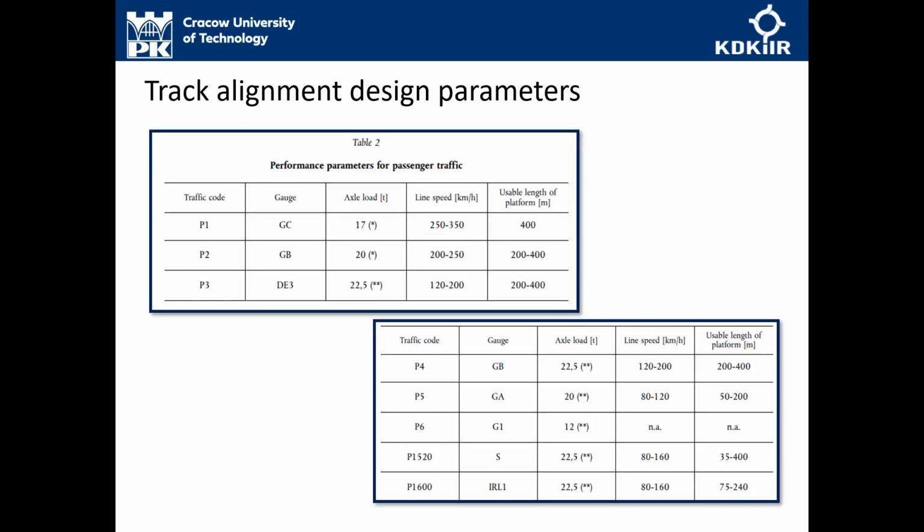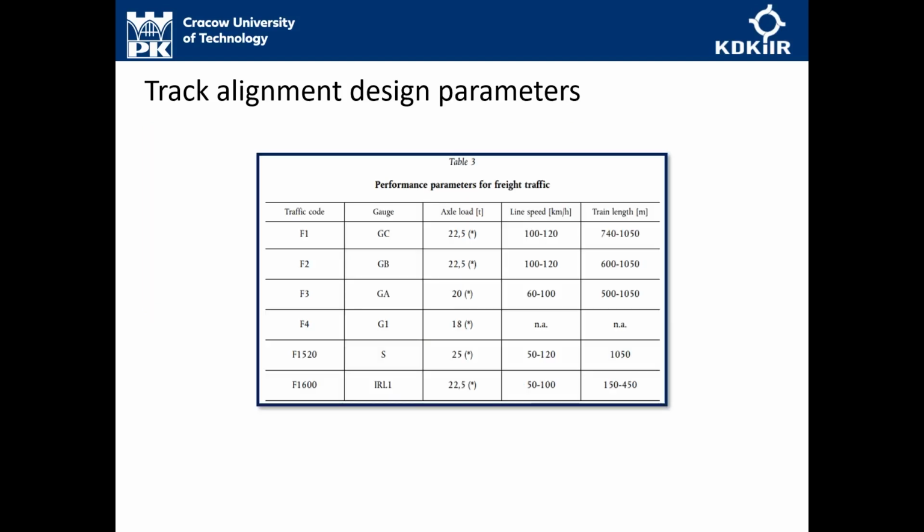As I showed you in the classes, these parameters are defined directly in several tables. They concern parameters of passenger trains, an example for the passenger traffic, as well as the freight trains or the freight traffic. Now you can see the passenger traffic and the traffic codes. And here you can see the parameters for freight traffic, the traffic codes and all of the characteristic parameters.